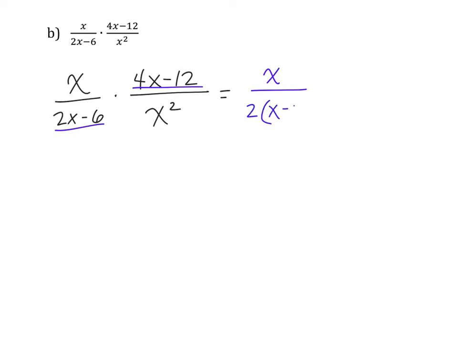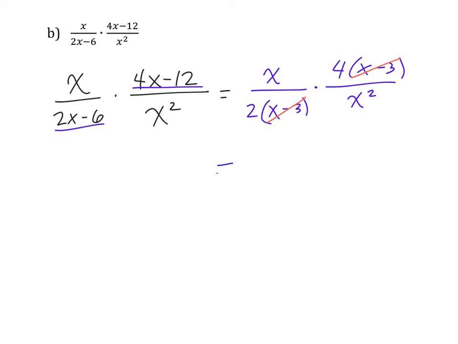I'm left with x minus 3 times 4 times x minus 3 over x squared. So for this one, I can already see x minus 3 I can cancel. I might actually just work with this like this and then cancel later on.